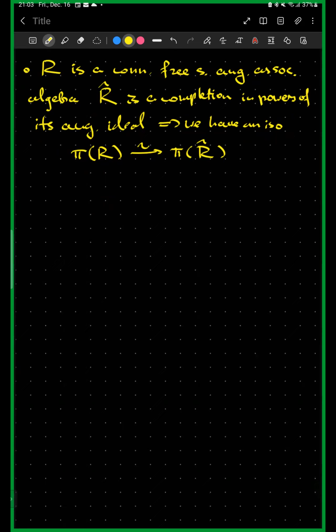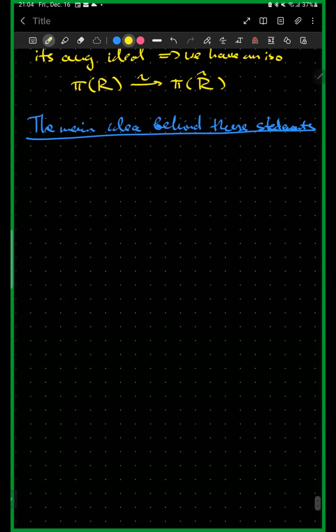So the main idea behind the statements: if we have, for example, a group, Lie algebra, or an associative algebra, then on all of these objects we have canonical filtrations.